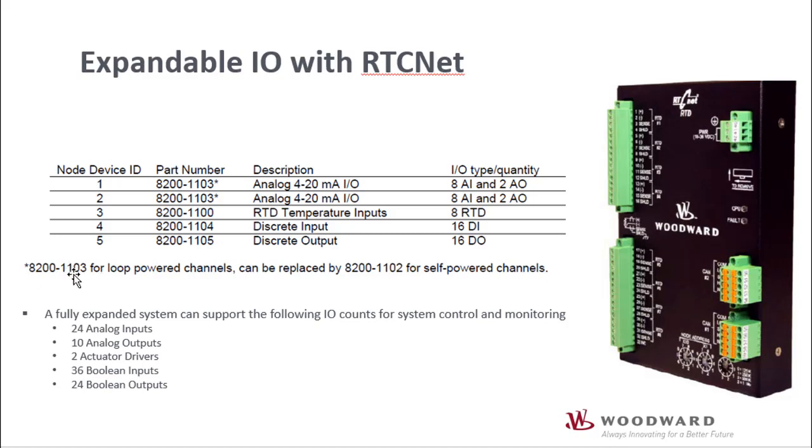For the analog inputs, the part number here determines whether these channels are loop powered or self-powered channels. So you'll want to make sure you understand which transmitters you're working with and order the appropriate part number here. But the software stays the same, so the Vertex will work with either one of these part numbers.